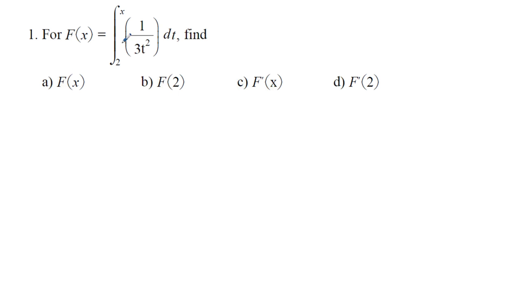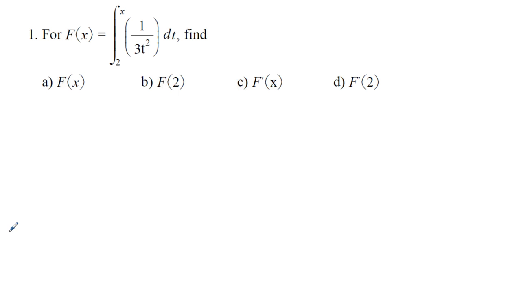For big F of x equals the integral from 2 to x of 1 over 3t squared dt, find big F of x, and then big F of 2, F prime of x, F prime of 2. We're going to do these sequentially.